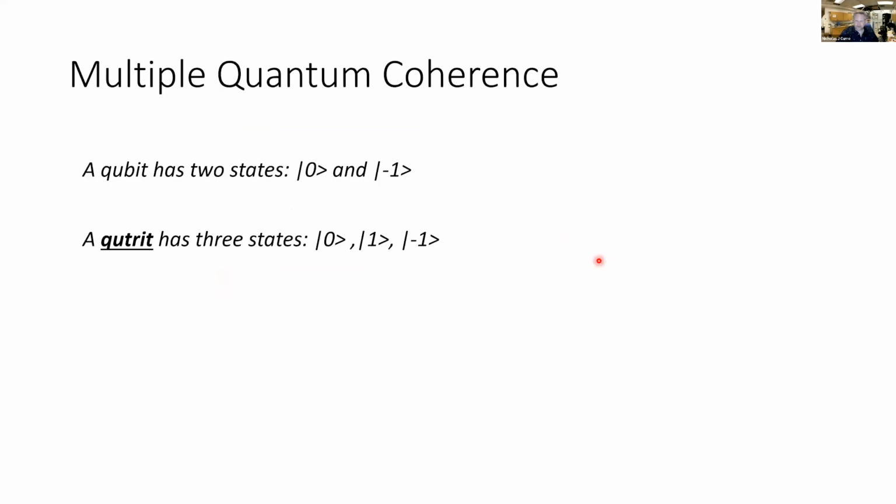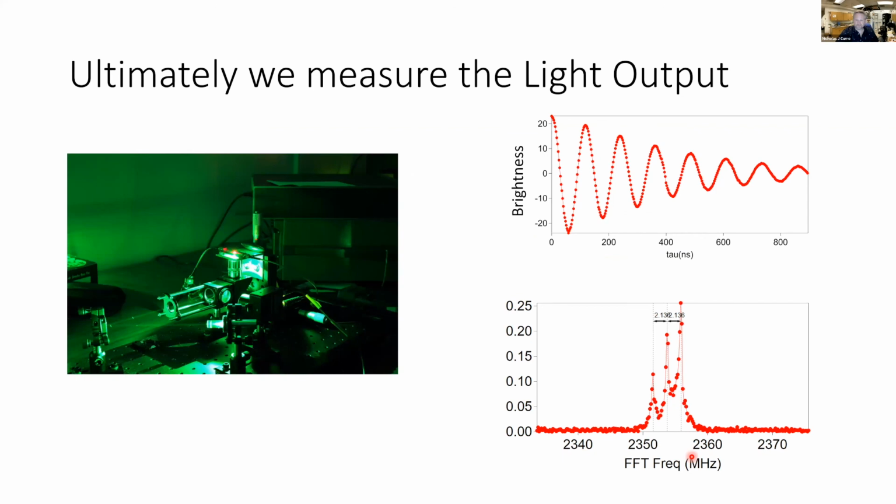This resonance frequency tells us roughly what the B field is. And we're very happy that there are a lot of algorithms out there to do it. The FFT algorithm is very efficient and works really well.